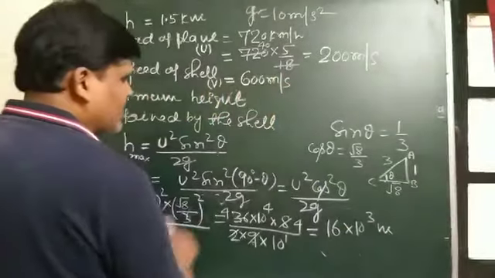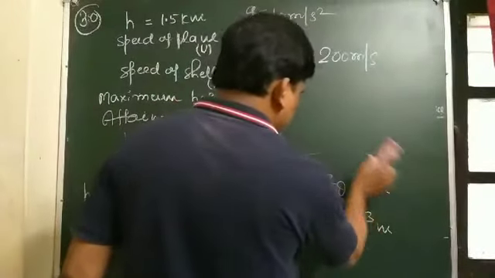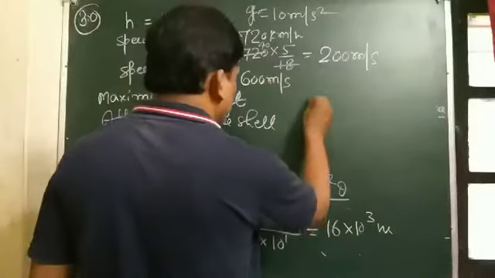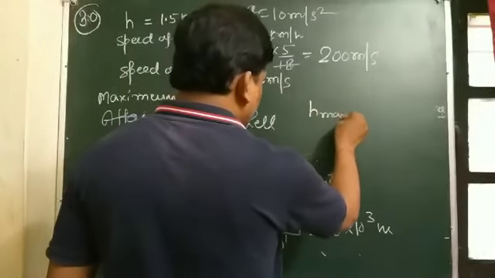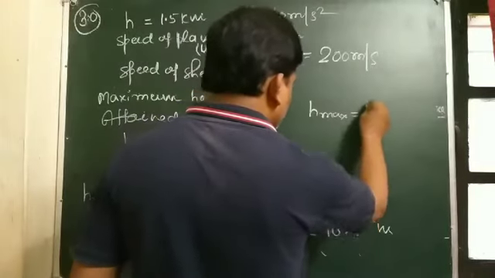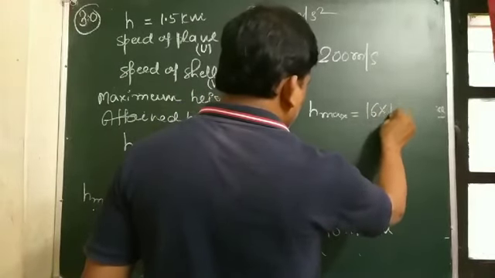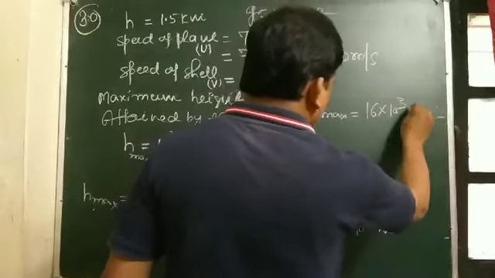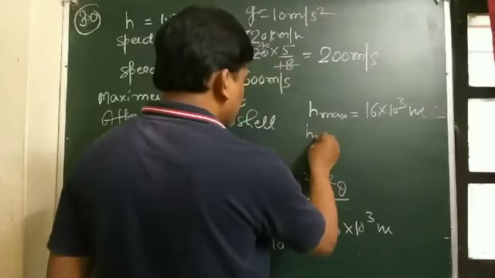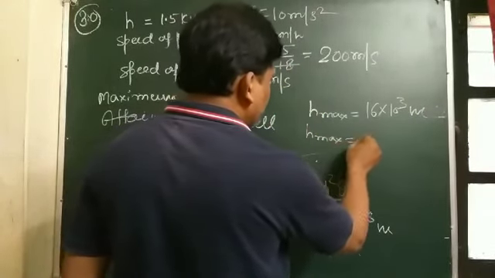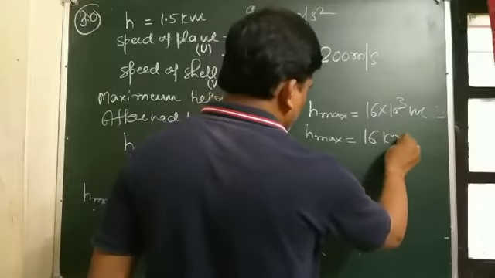Or we can write in this way, students, the maximum height attained, H max, can be written as 16 into 10 to the power 3 meter. It can be written as H max equals 16 kilometer.